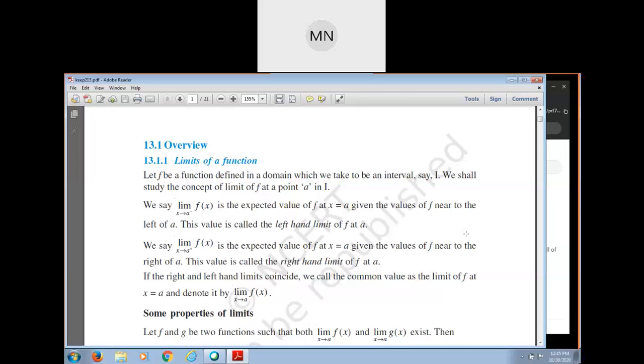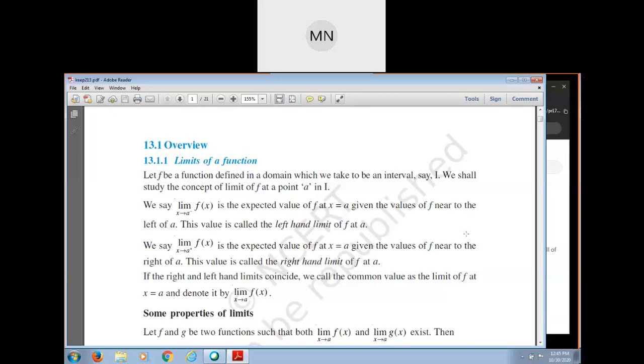It is the right hand limit, and when x approaches a from the left side, it is called the left hand limit. And see that when both the left hand limit and right hand limit exist, it cannot be infinity.